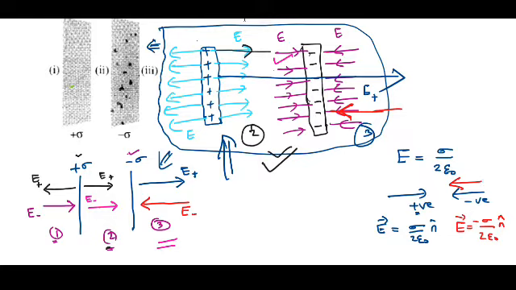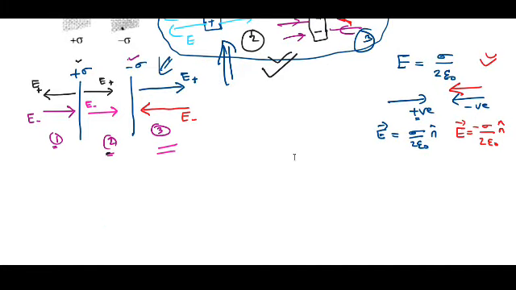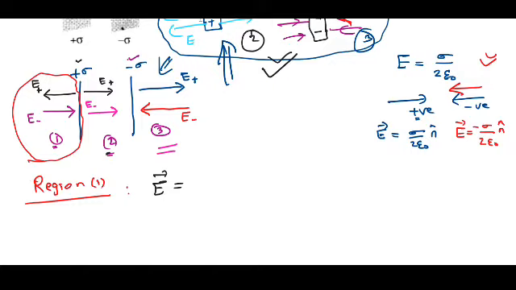If I follow this criteria, then I can write the electric field intensity in region 1. Now we have to focus here only, on region 1. The one is in the negative direction, so I can write minus sigma divided by 2 epsilon 0 n cap, that is the electric field due to the plus charge.